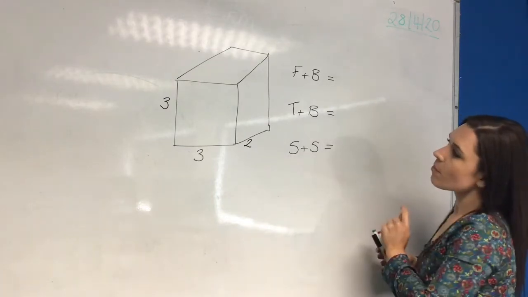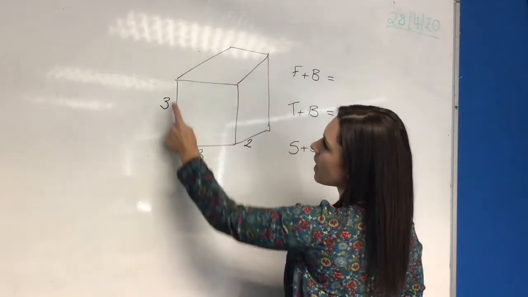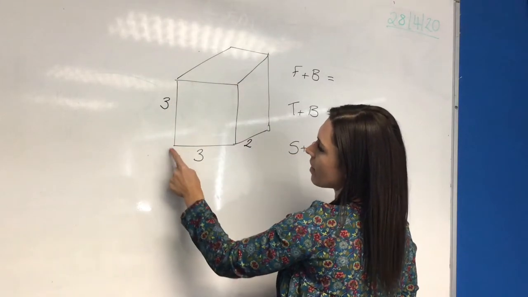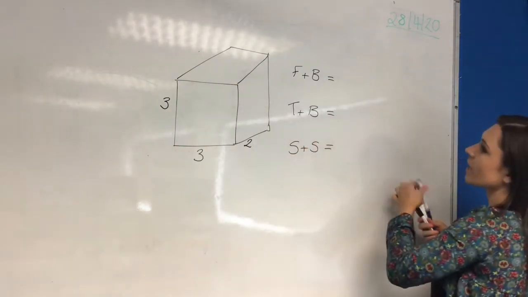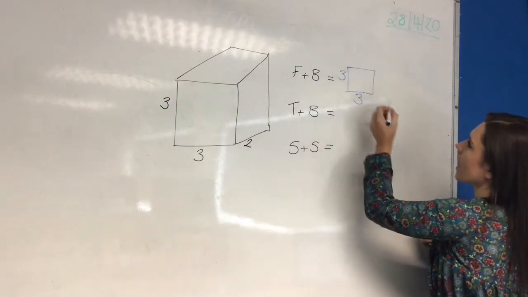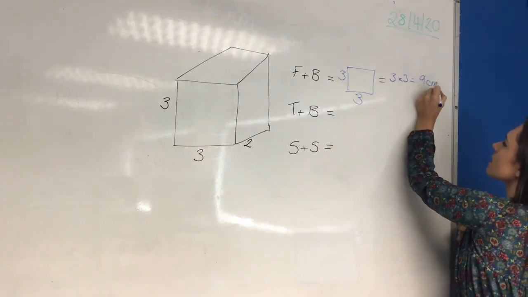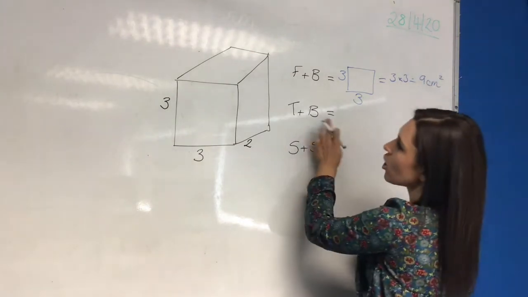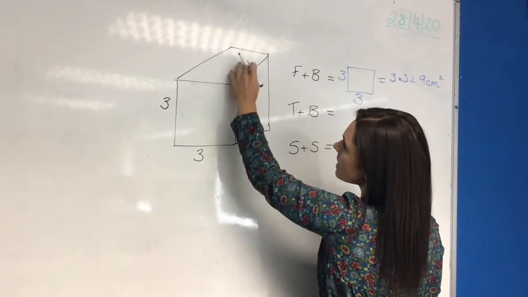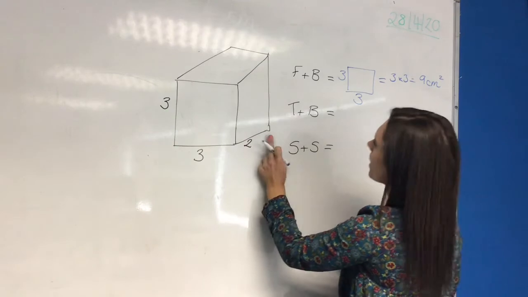So let's take the front and the back. This face here is the same as the face of the back, and we've got length and width of 3 each. So I'm going to draw that square out, and I can calculate that as 9 centimetres squared. My top and bottom is this here, which is the same as what's underneath, which is 3 by 2.